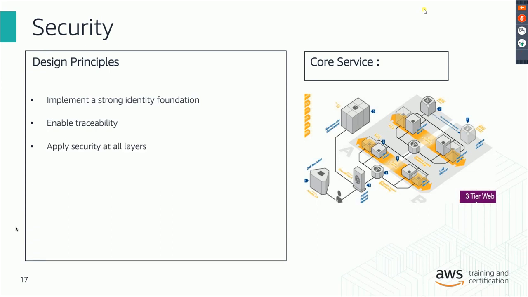You have to apply security at all the layers, whether it is the entry layer, the auto scaling layer, the data in transit layer, or the data at rest layer. All the layers need to be protected. It's not just the periphery that you need to think about. Automating, again, not all security events can be automated.